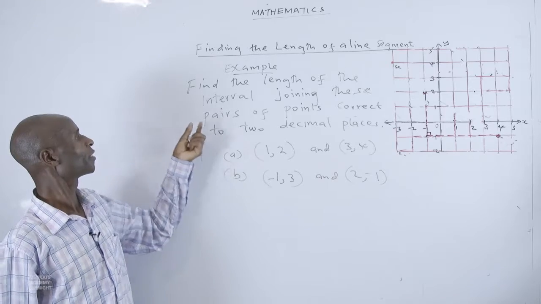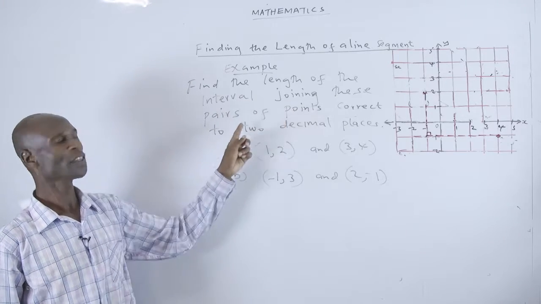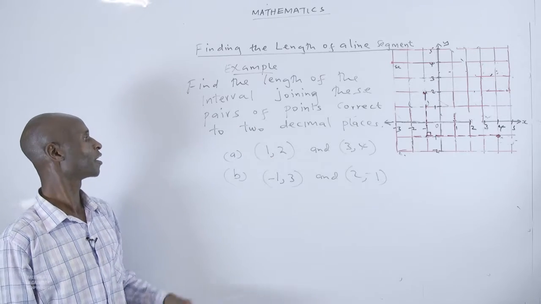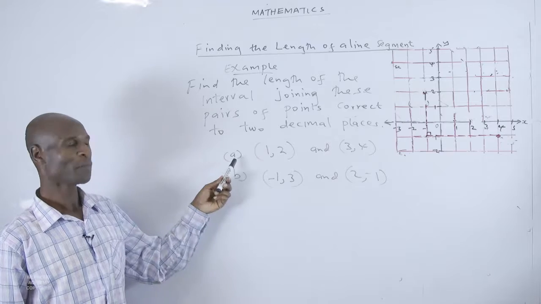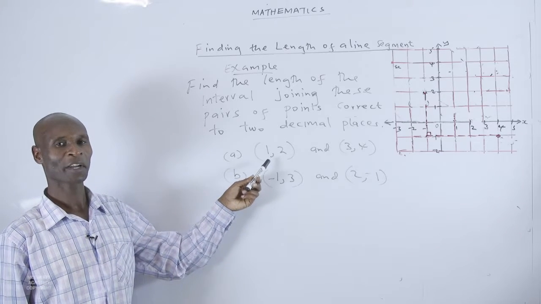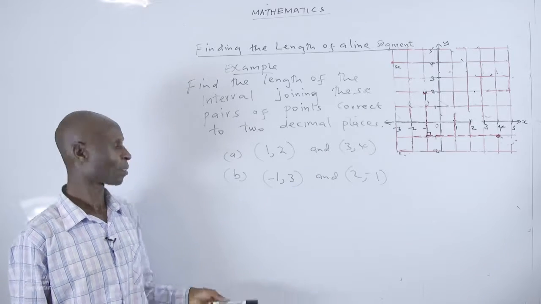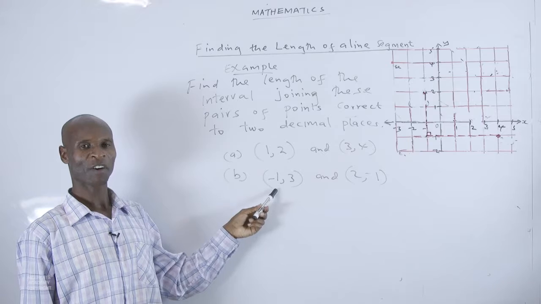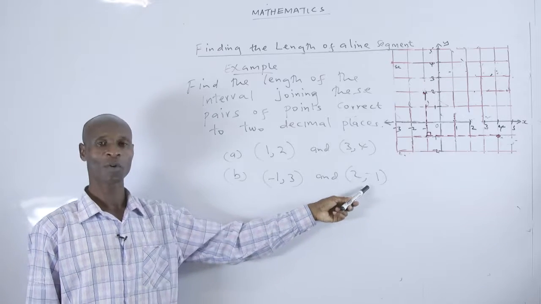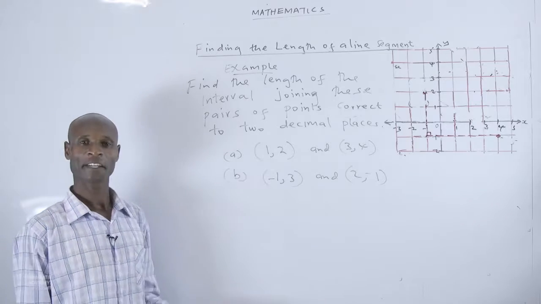So the question reads, find the length of the interval joining these pairs of points corrected to 2 decimal places. So in part A, the first point is (1, 2), and the second one is (3, 4). In part B, the first point is (-1, 3), and the second one is (2, 1). So try the first one, part A.